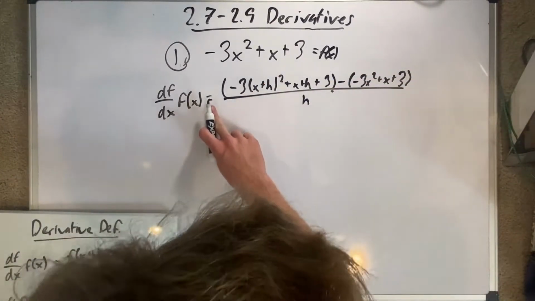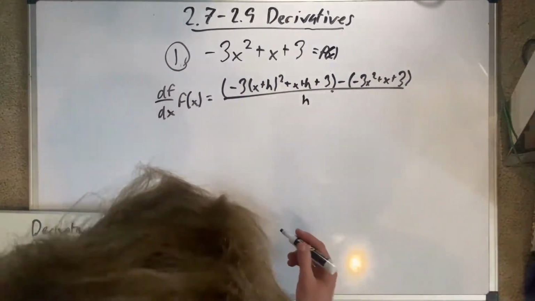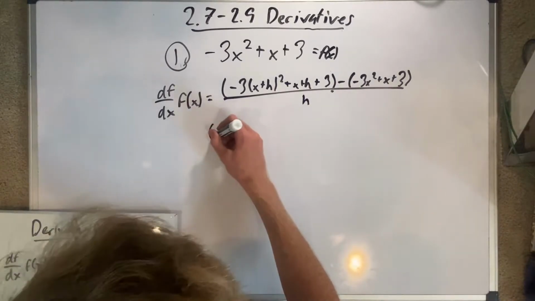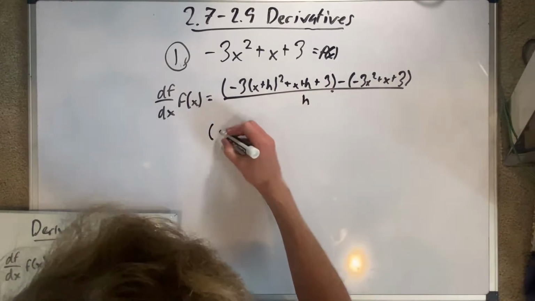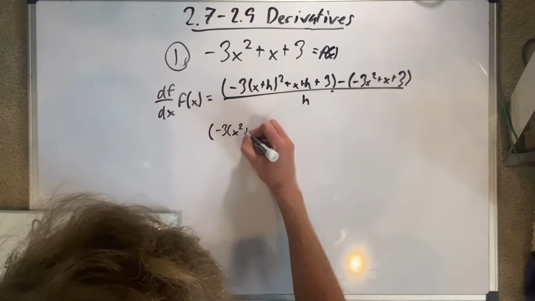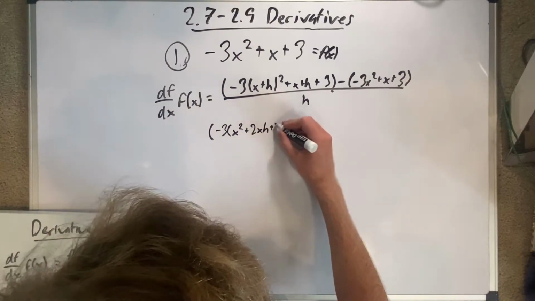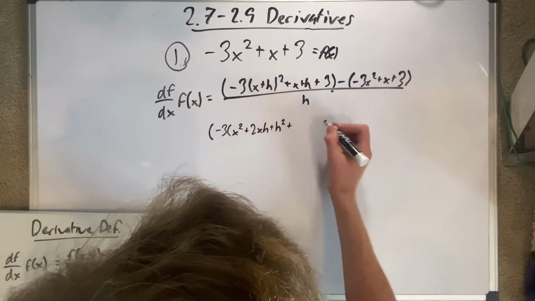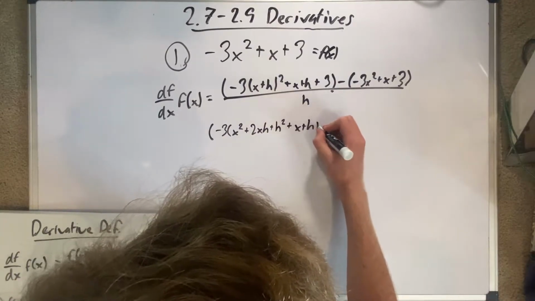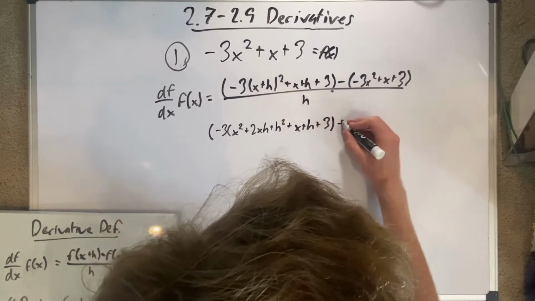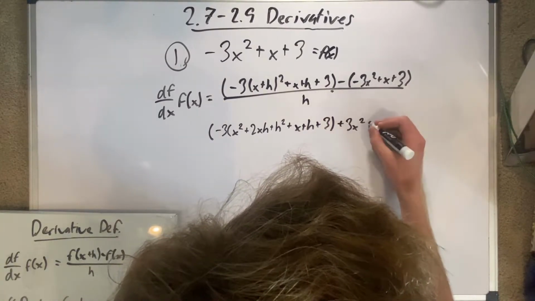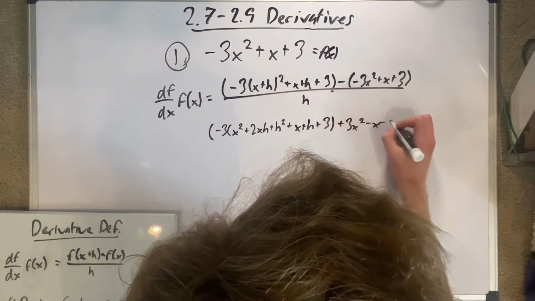I can ignore this for now because it's just going to be equal to that same thing. That's never going to change. So we'll simplify all this down. Negative 3x squared plus 2xh plus h squared, plus x plus h plus 3, minus, or that would be plus x squared minus x minus 3.